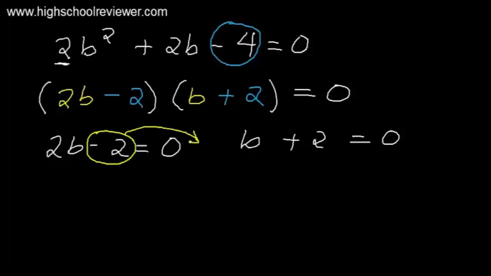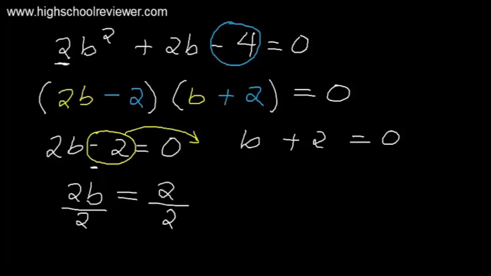So transposing, what will be left on the left side will be positive 2b equals 2. If we transpose negative, this will change sign, this will become positive. And to solve for b, we need to cancel out 2. So to cancel out 2, just divide both sides of the equation by 2.